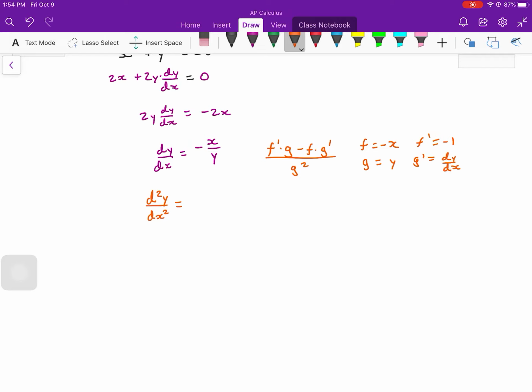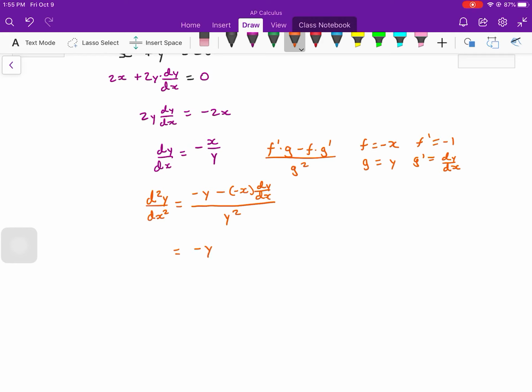Okay, so put this together. f prime times g will be -1 times y, minus f times g prime, that's -x times dy dx, all over g squared, that would be y squared.